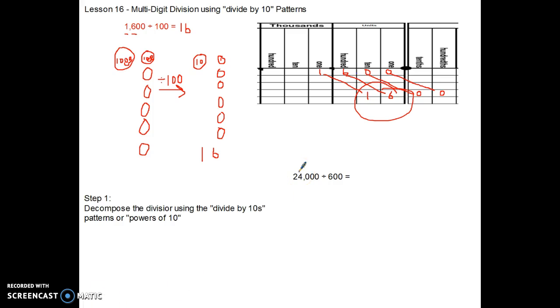So step 1 is you want to decompose the divisor using either the theory of divide by tens or the powers of 10. And our divisor is always the second number. If you're in a division like this, your divisor is going to be that outside number here. So thinking about 600, how can I decompose this, or what could I decompose this into?